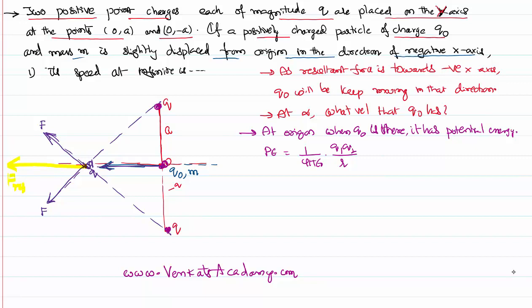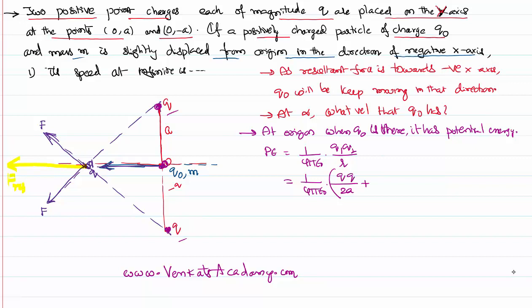So the potential energy of the system is 1 by 4 pi epsilon naught. Between q1 and q2 there is a distance of 2a, and q1 and q2 are both q itself, since it is given that this is q and this is q.